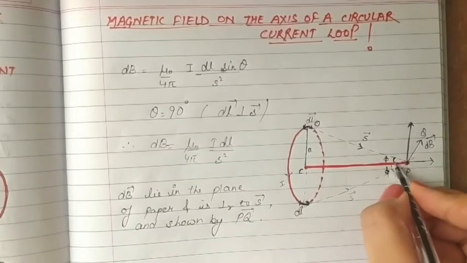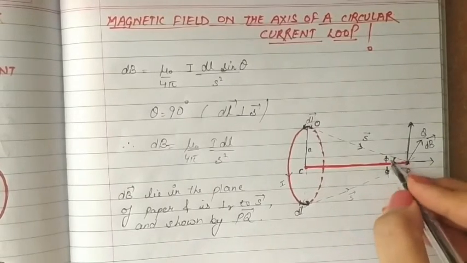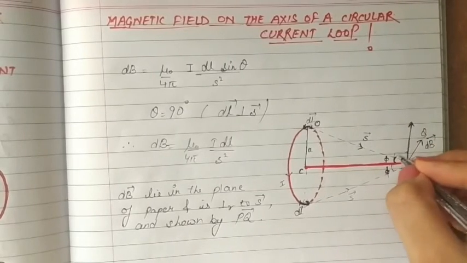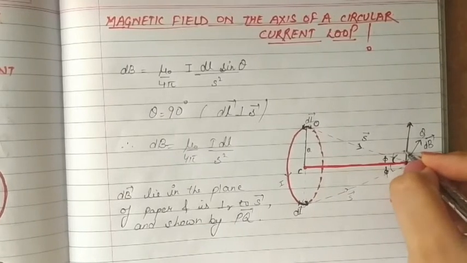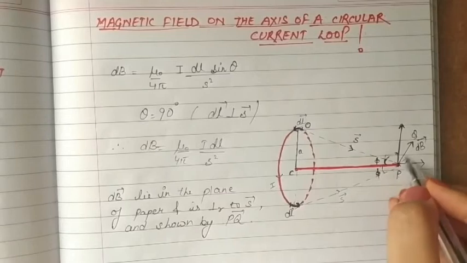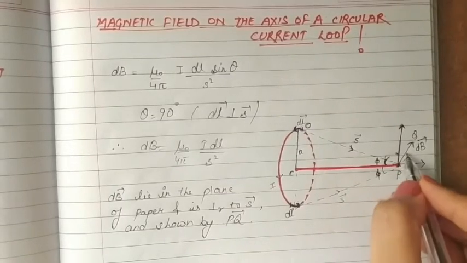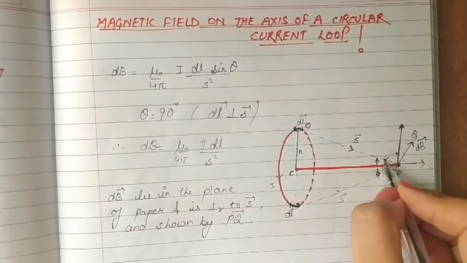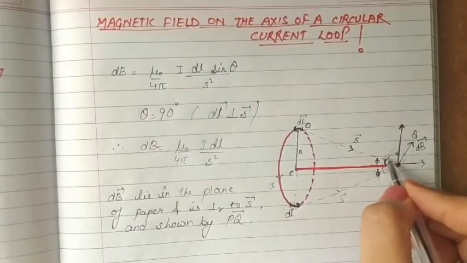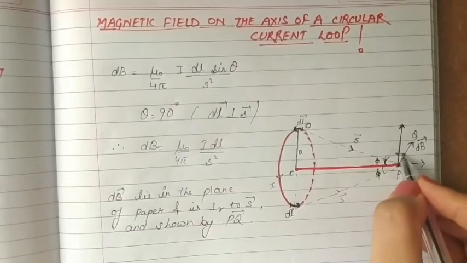Now this is angle phi and this is angle 90, right? This is phi, this is 90. So this remaining angle is 90 minus phi. Again, we know that the direction PQ is perpendicular to s vector, so this whole is 90, but this was 90 minus phi, so again this angle will be phi.